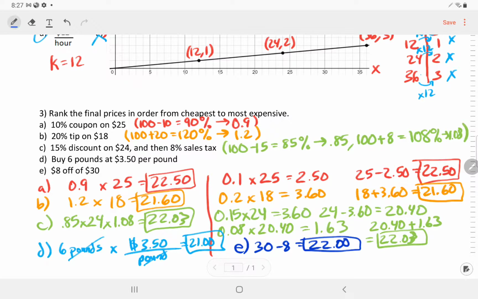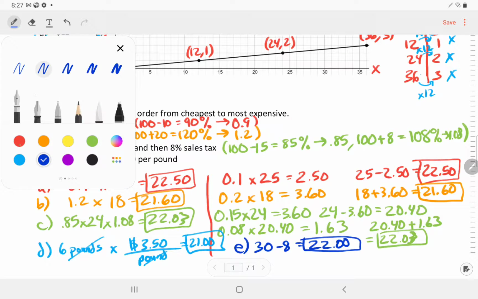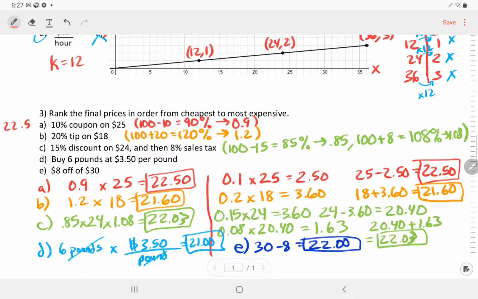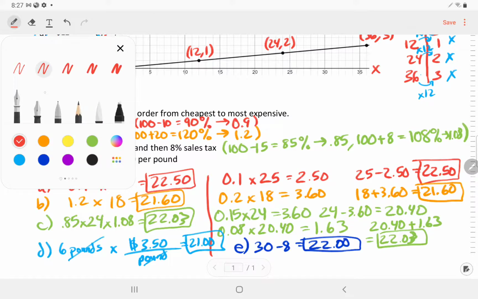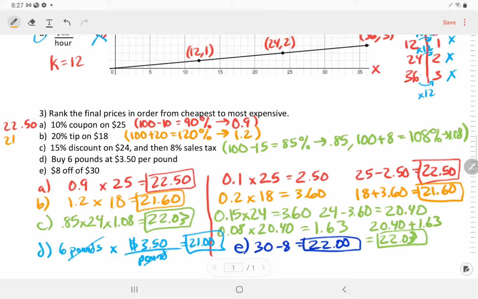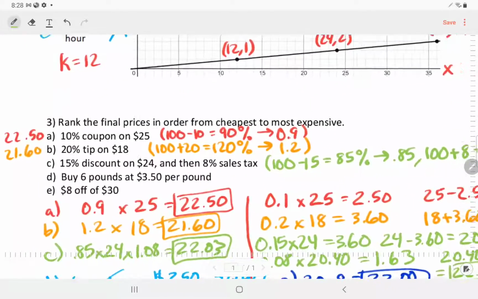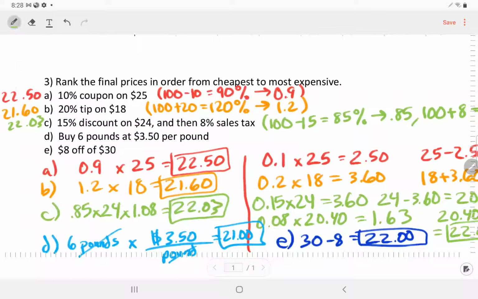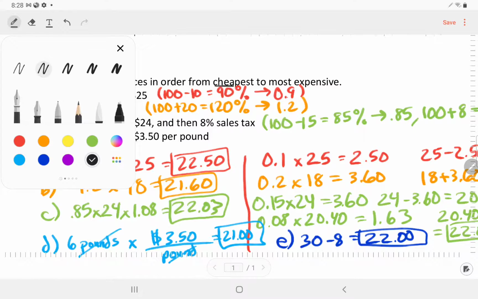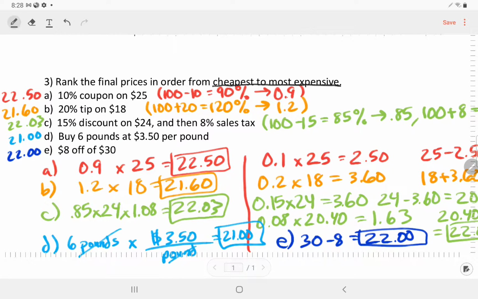Okay, so we have all our prices. We have $22.50 for A, and then we have $21.60 for B, $22.03 for C, and $21 for D, and $22 for E. And we need to rank them in order from cheapest to most expensive.